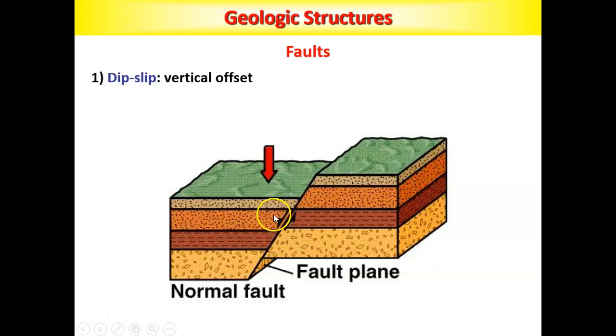You are now in the block that I want you to evaluate. This is the hanging wall, but it is the block that you need to evaluate motion. And then you look across and say, how did this layer get here? It used to be here. It must have went down. And so we're going to argue that the motion on this fault is the hanging wall, or this block, moving down. Okay?